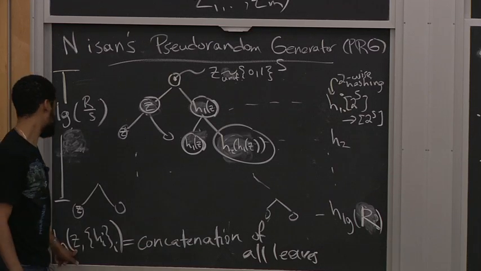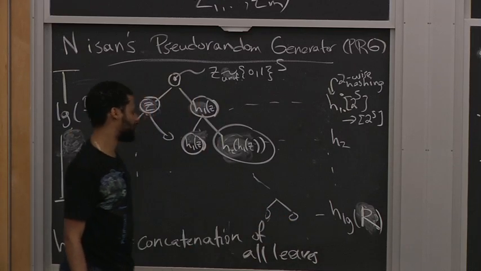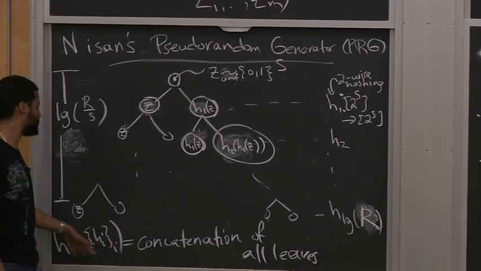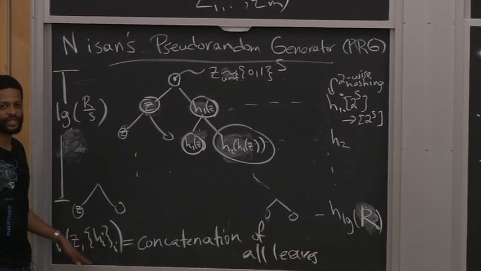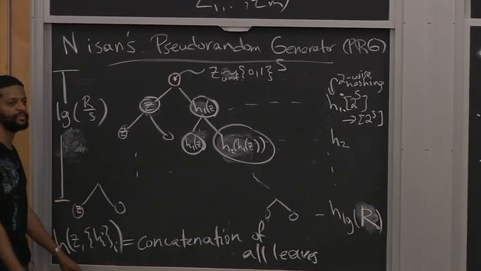So this is S bits, each one of these is S bits, and there are log R of them. So the total number of bits you need to specify to feed into H is O(S log R). I'm not going to analyze this, but this is the scheme.